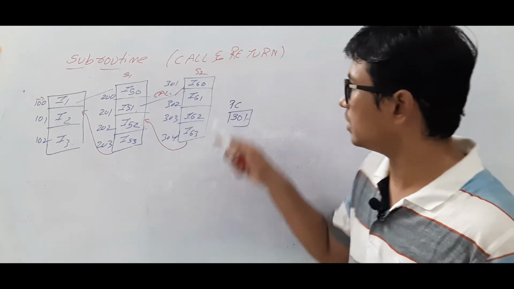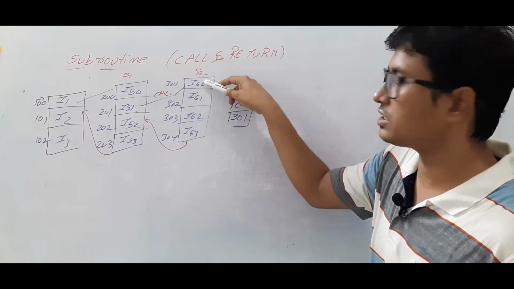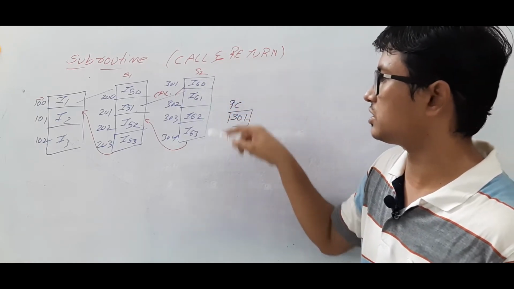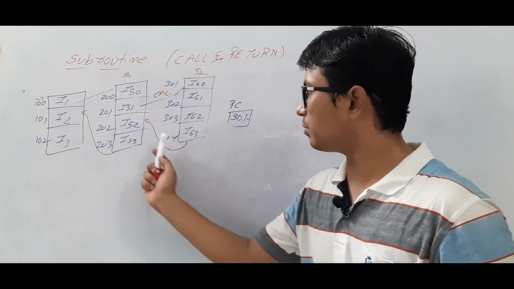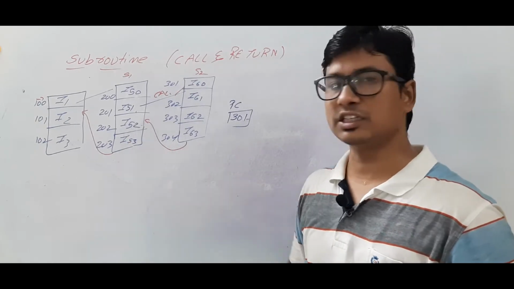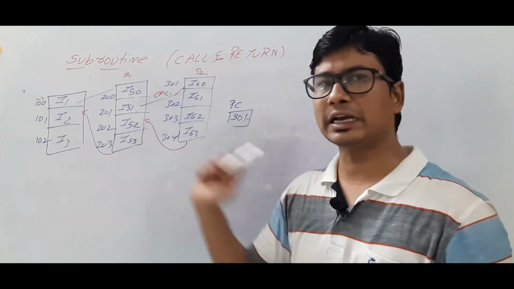Now listen carefully. Once you have executed all these instructions, 60, 61, 62, 63, then you should return back. Where should you return back? To the instruction I52. Then how will you return back?